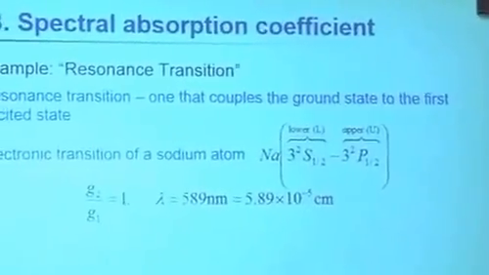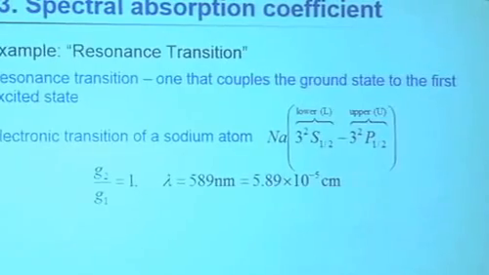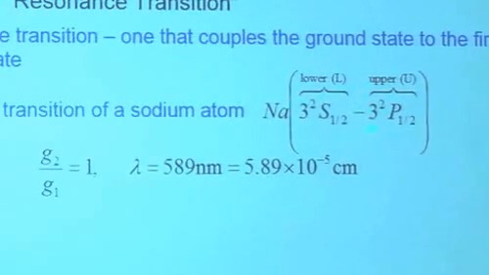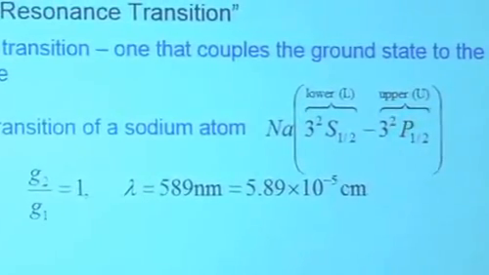When you talk about an atom like sodium, which is in the first column of the periodic table, an alkali metal, this is some notation again. This is a particular spectroscopic transition. The rule of thumb for atoms is that you put the lower quantum state on the left and the upper quantum state on the right.